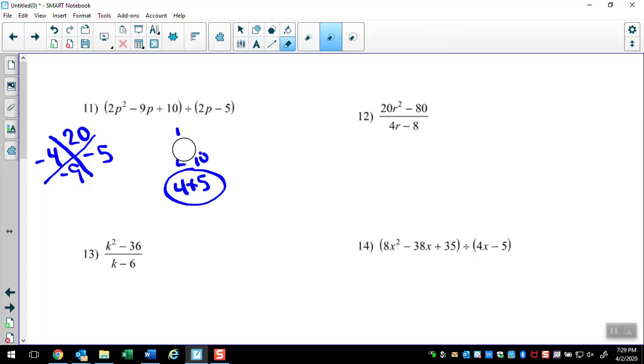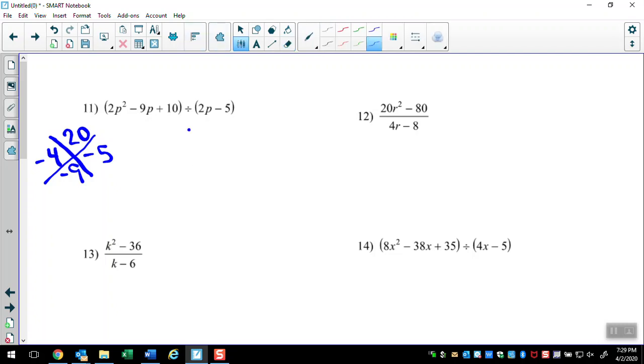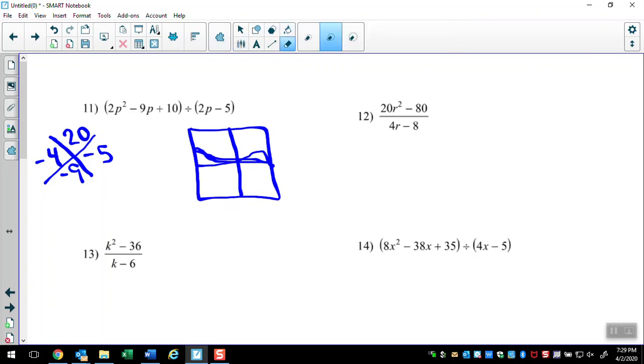All right, now I can go ahead and erase this. Now that we've got that part, I can make my box. Sorry about that, the little thing keeps getting stuck. Let's try that again.